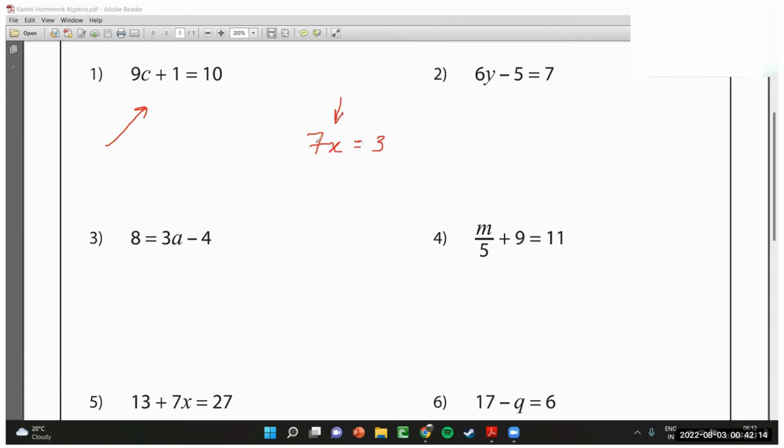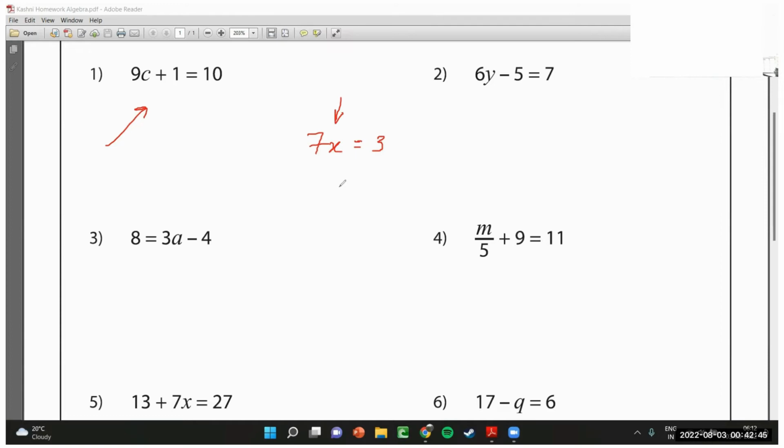Because x is associated with 7. 3 is separate, it's on the other side. So 7 into x is 3. How do I remove this 7? What do I do if it is multiplication? You divide 3 on both sides? 3 is not stopping me. 3 is independent. I don't care about 3.